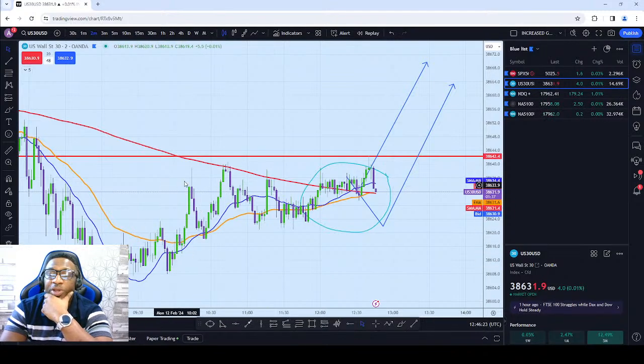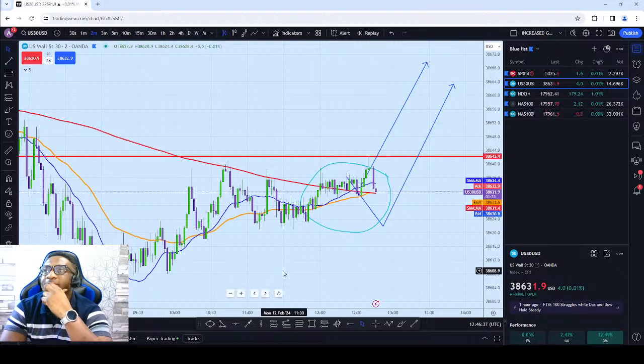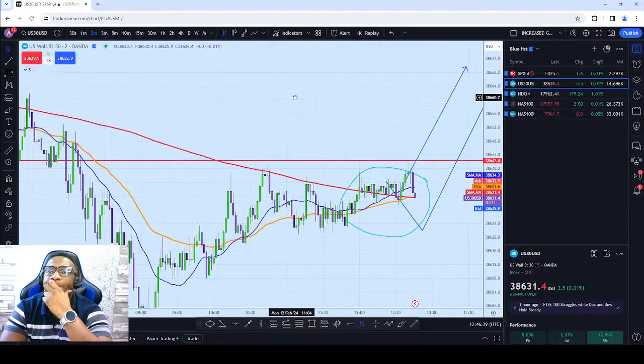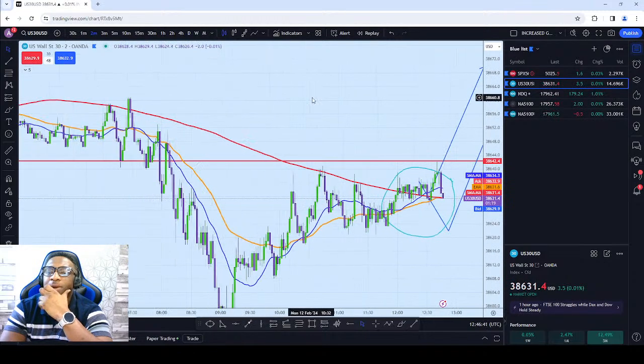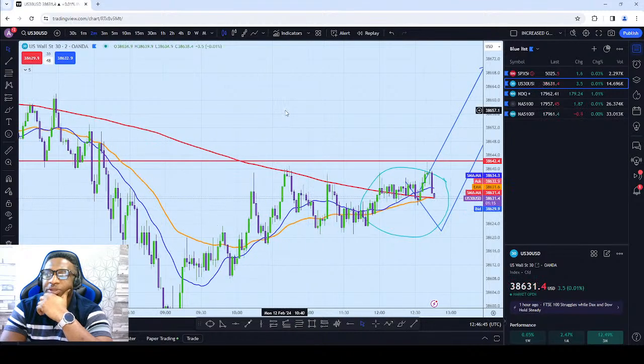This is purely price action that we are on about. So we keep it as simple as we can, and we do it with understanding.